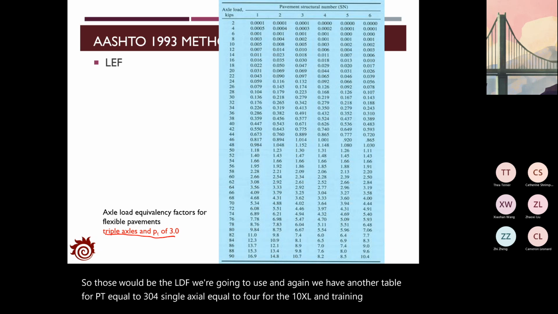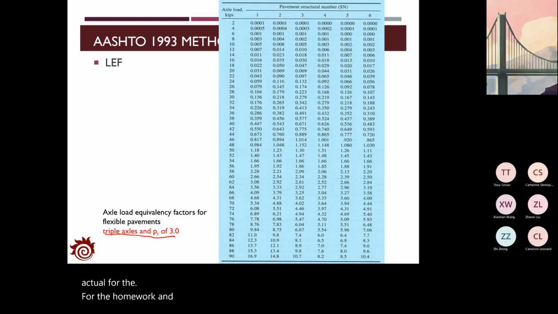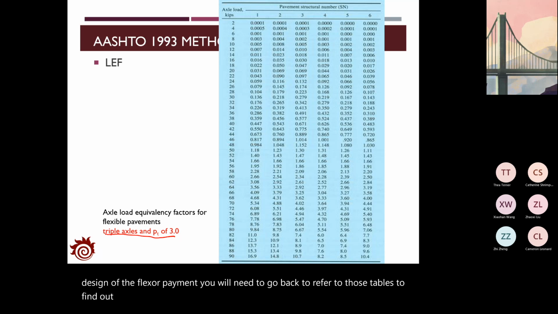For the homework and the exams, if you are asked to do the AASHTO method for the design of the flexible pavement, you will need to go back to refer to those tables to find out the LEF of the different axles and use the value to calculate the ESAL.